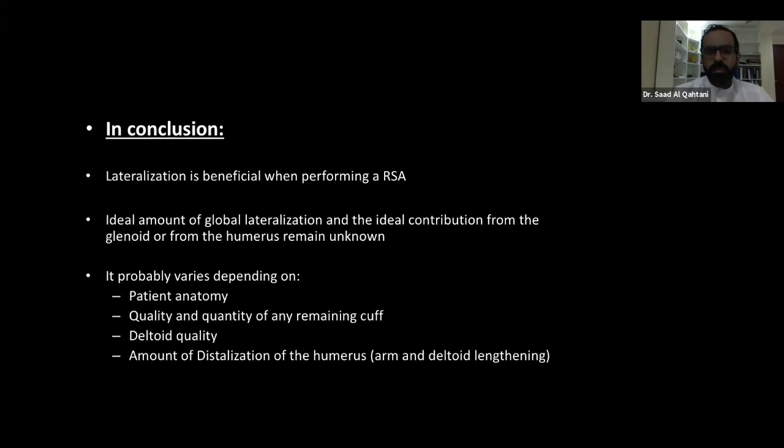It probably varies depending on the patient anatomy, the quality and quantity of any remaining cuff, the deltoid quality, and the amount of distalization of the humerus based on the patient and the implant prosthesis that was chosen by the surgeon. It's a huge topic. I hope that in these few minutes, you understand the basic principles and some of the new evolution and principles.